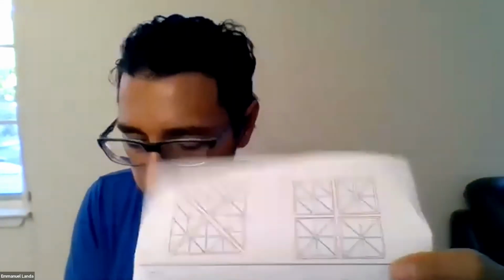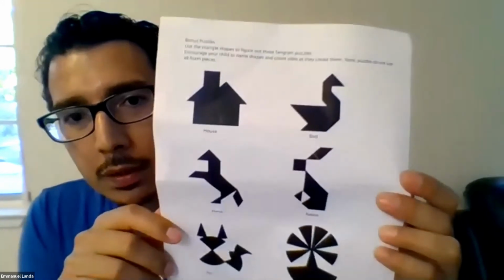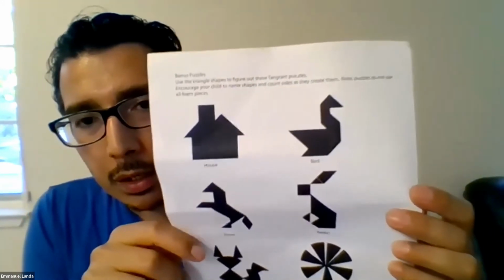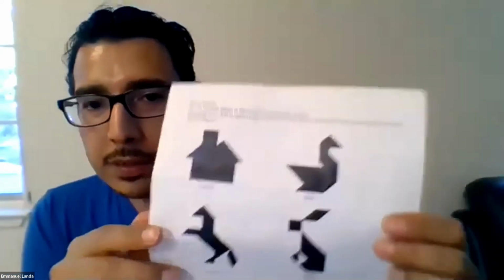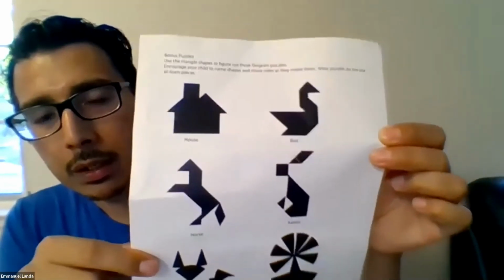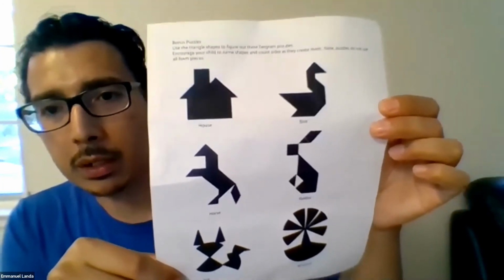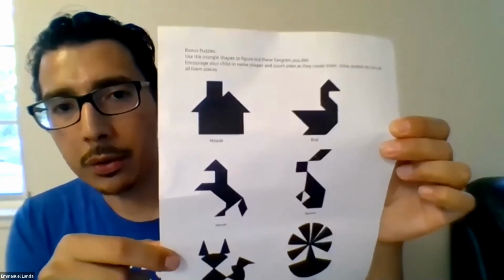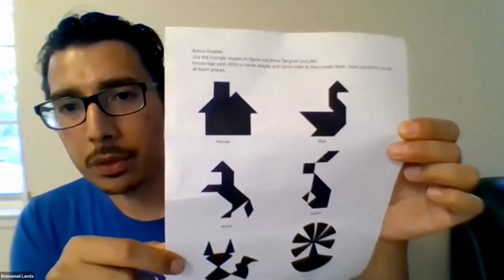But these are included. Additionally, we do have also some puzzles or tangram puzzles that you can solve using these shapes. And not all of the shapes are going to be needed. So here this says that puzzles do not use all the foam pieces, but these are some really nice activities that you can do with your child as you start learning a little more about how shapes can be broken into their shares and how those shares represent a half or a third or even a fourth of the shape.